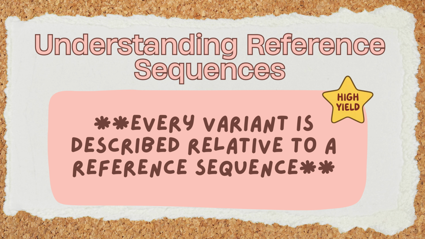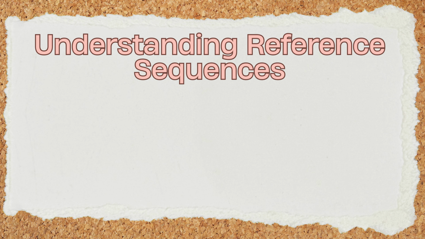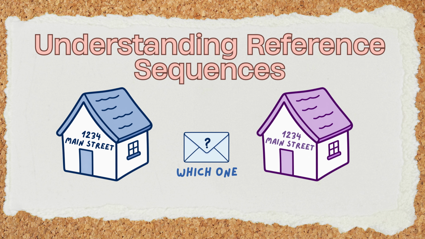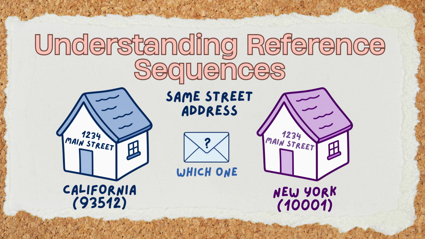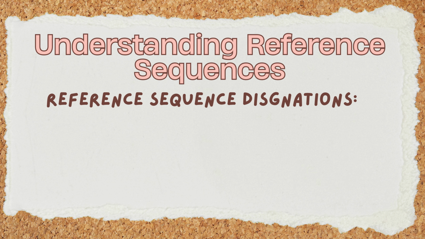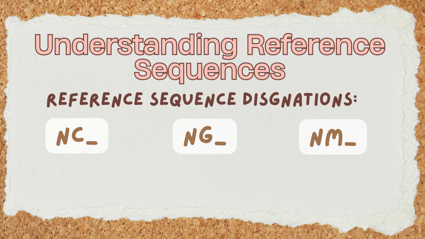Every variant is described relative to a reference sequence. The easiest way to think about this is to picture zip codes in an address. A variant without a reference is like an address without a zip code. You might know what the change is, but you don't know where it is. So you'll often see designators like NC, NG, and NM.